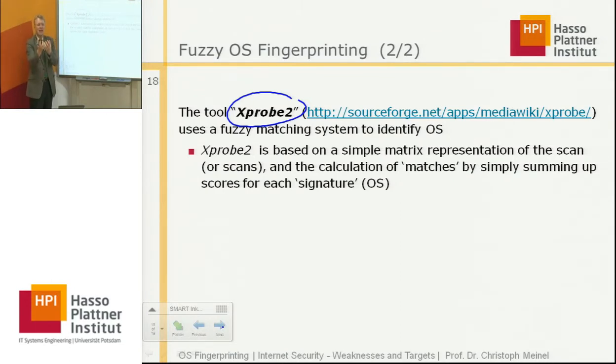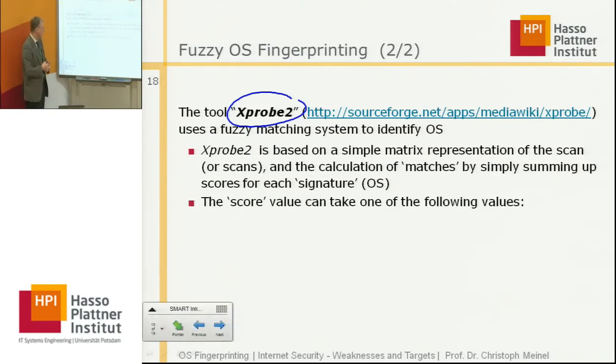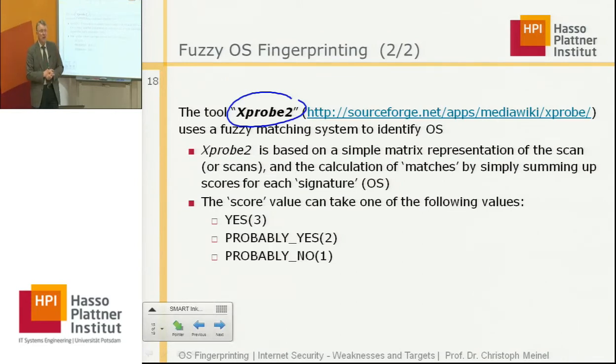This detail could give the answer that it's this operating system or that it's another operating system. And then such a matching is done and scores are evaluated. Score values are, for example, yes, that's 3 points, or probably yes, that's 2 points, or probably no, that's 1 point, or no.